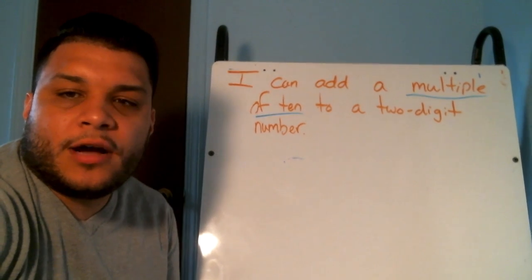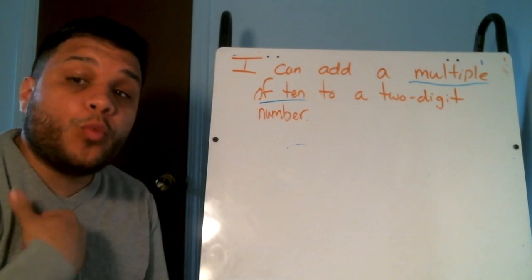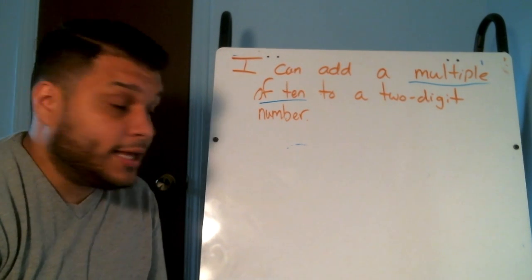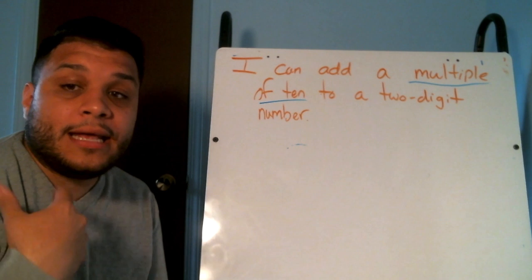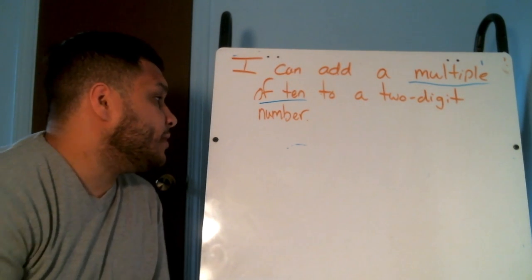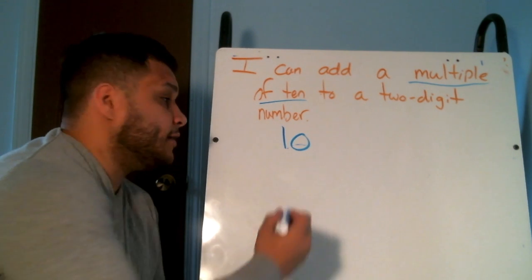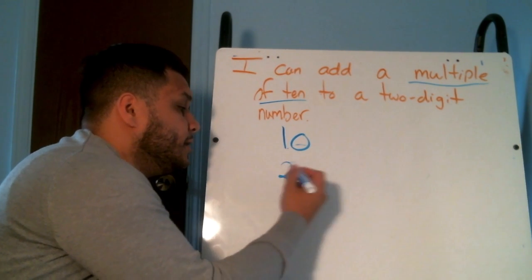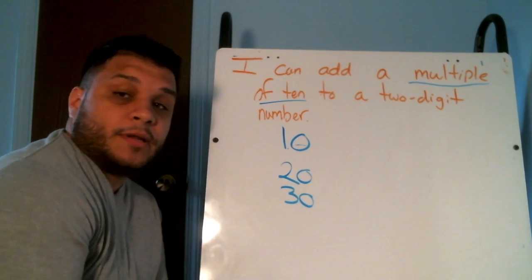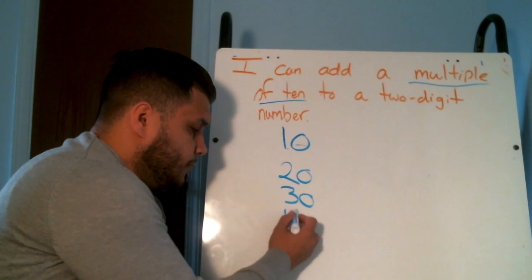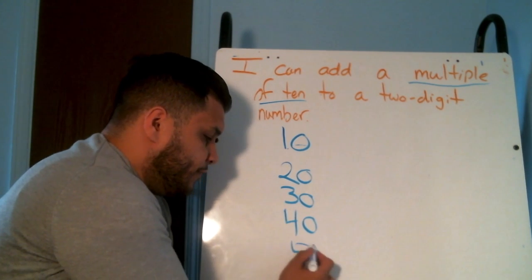Now, when we think of multiple of 10, I know that sounds like a very fancy word, but we actually know what a multiple of 10 is. A multiple of 10 is a number that we get when we add tens together. So we start with 10. 10 plus 10 will give us 20. 20 plus 10 more will give us 30. 30 plus 10 more, 40. 40 plus 10 more, 50.